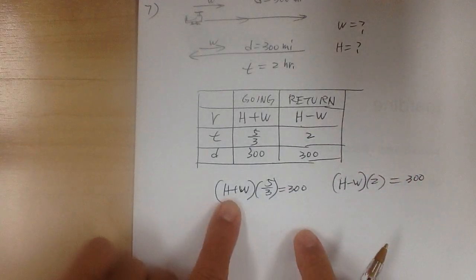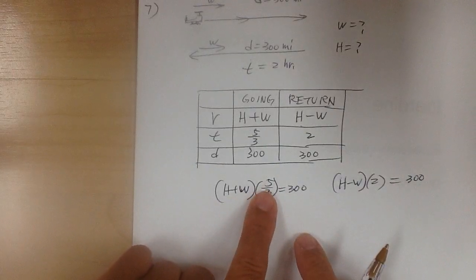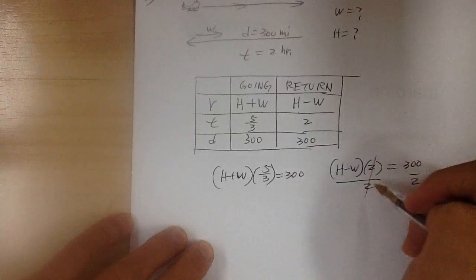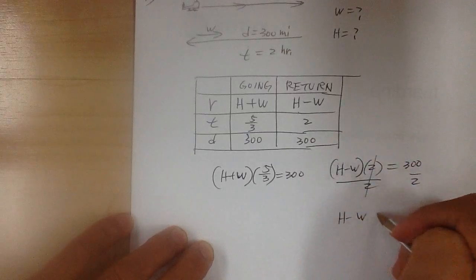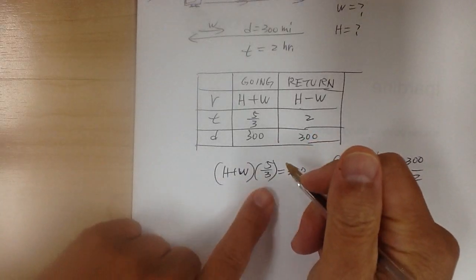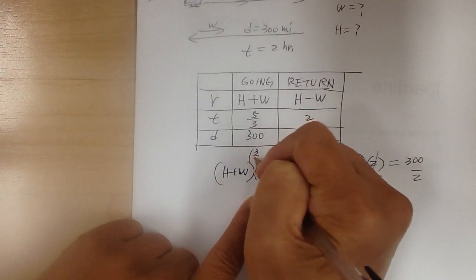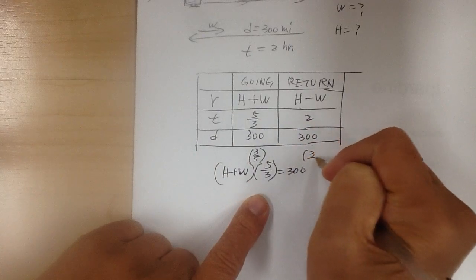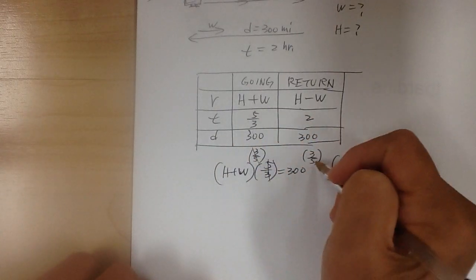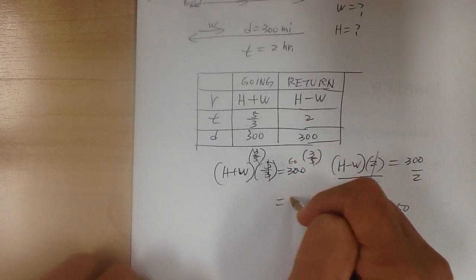So again, since the variables are over here, we can get rid of that to make it easier to solve. This one I'm going to just divide both sides by 2, so this will cancel out. So I get h minus w equal to 150. This one, to get rid of that, I'm going to multiply by 3/5, so that this will cancel out, and this will be 180.